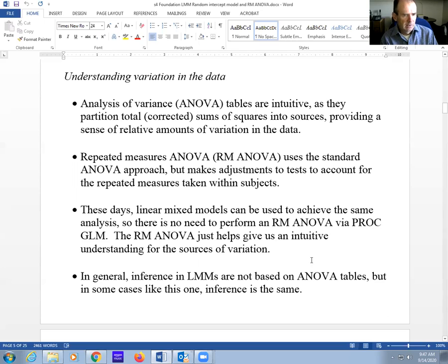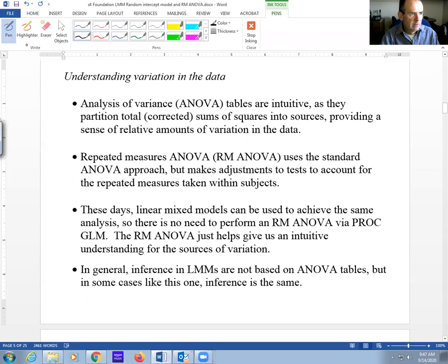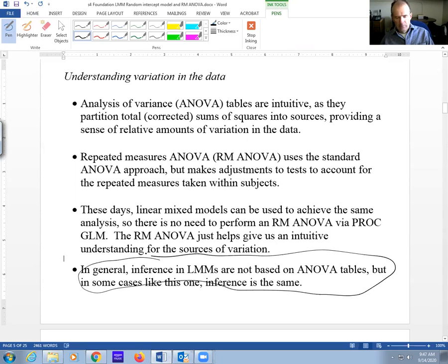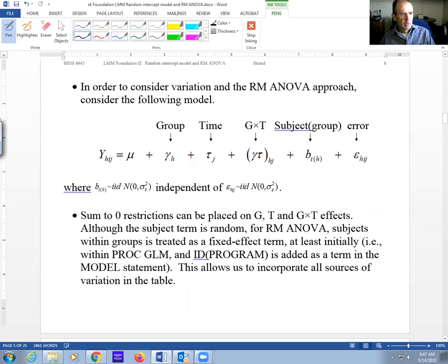ANOVA tables are very intuitive, even though inference in mixed models is generally not done that way. In some special cases, it will be the same. So in general, inference in linear mixed models is not based on ANOVA tables, but in some cases, it's the same.